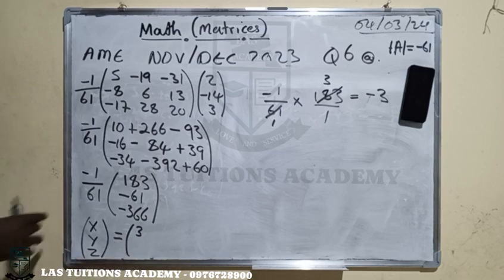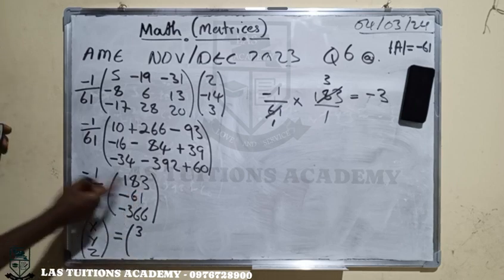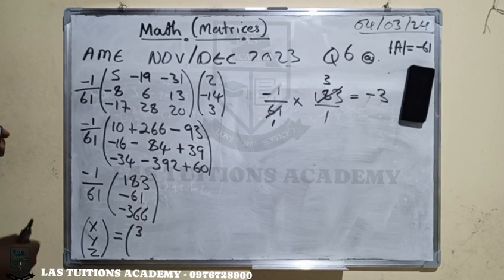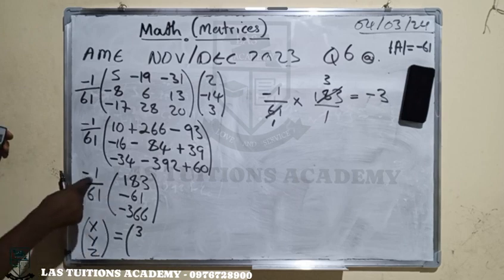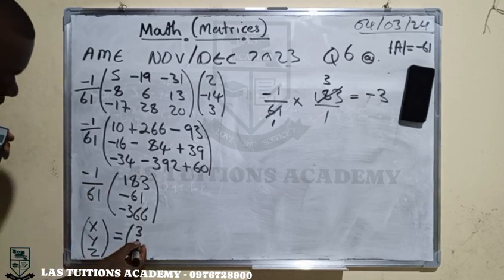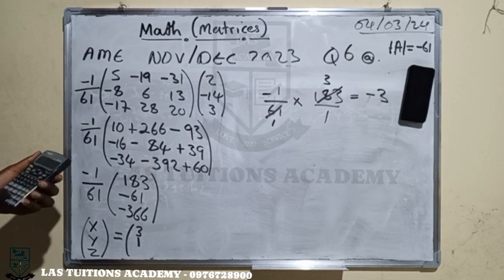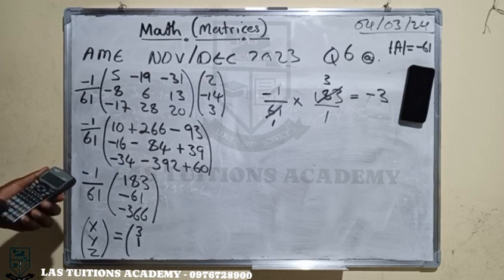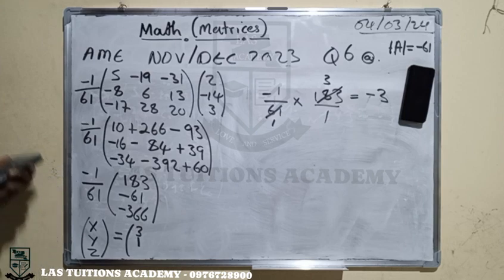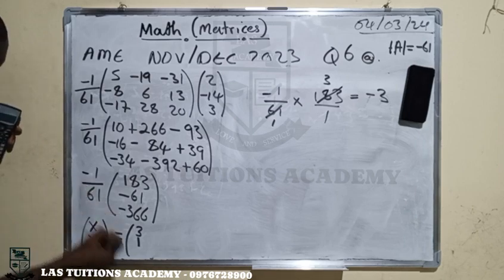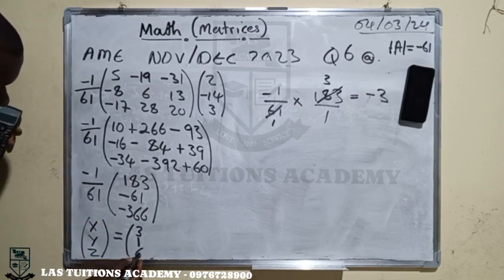Then 61 and 61, they are going to cancel, so you get negative 1. Negative 1 times negative 1, we get 1. Then 61 into negative 366, so 366 divided by 61, we get 6. Negative times negative, we get positive 6.